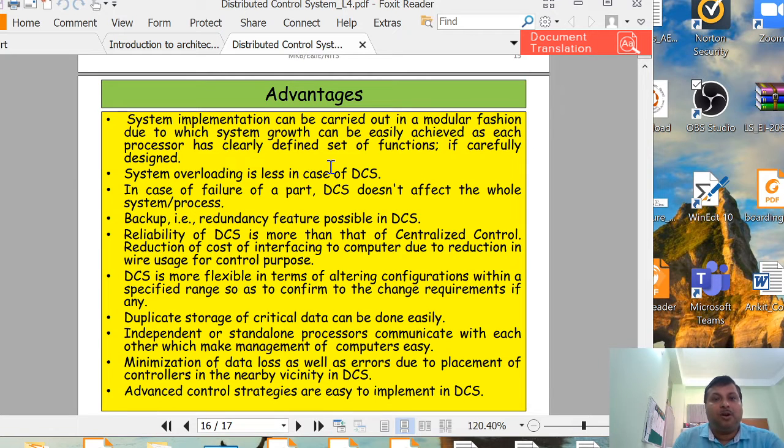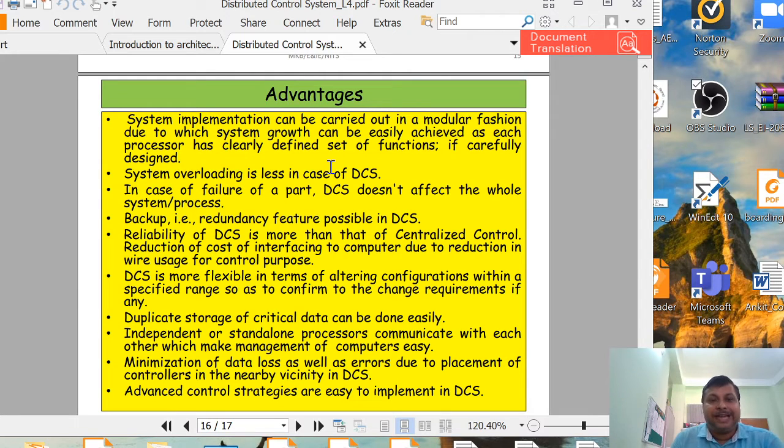Reduction of cost of interfacing to the computer, due to reduction in wires used for control purposes. DCS is more flexible in terms of altering the configurations within a specified range so as to conform to change requirements, if any. Duplicate storage of critical data can be done easily.